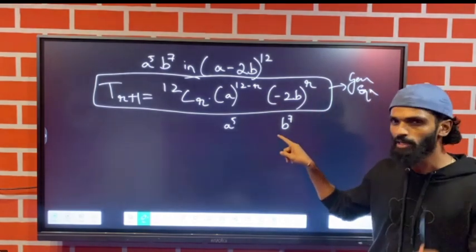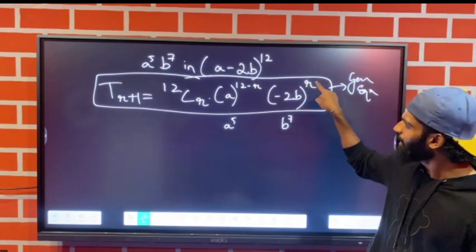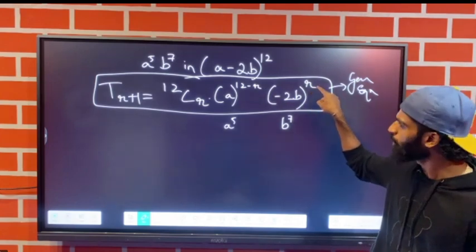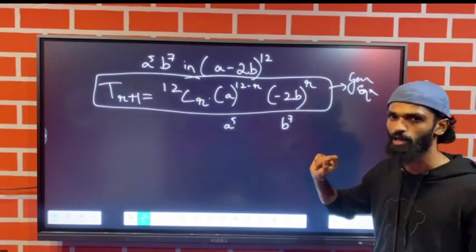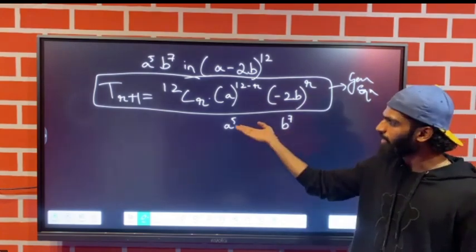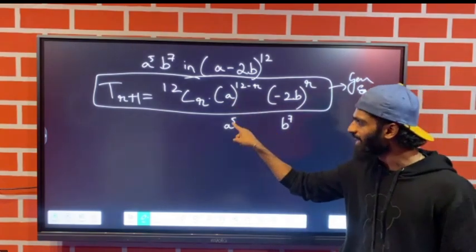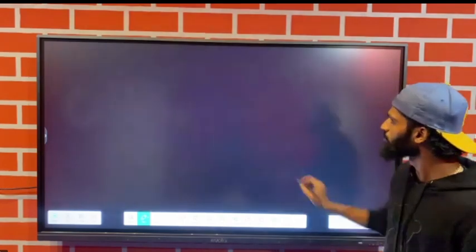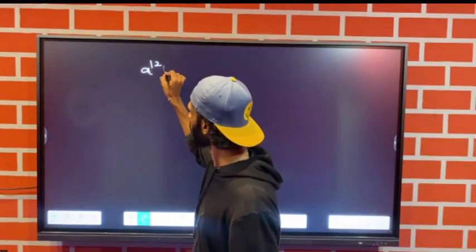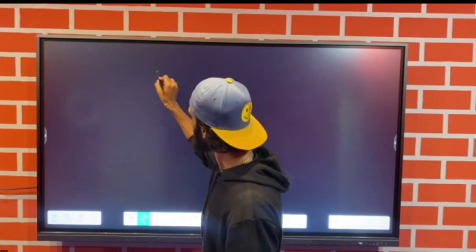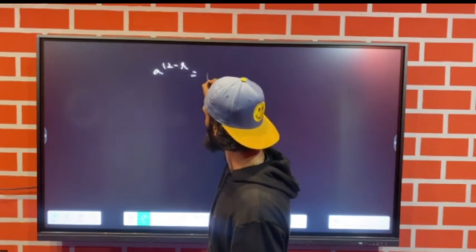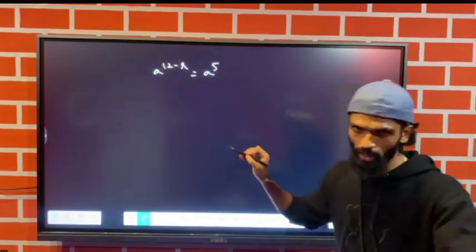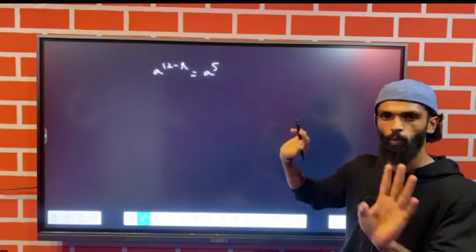If you tell me B, I will say no, because the power R belongs to both minus 2 and B. Not required. A is alone anyway, so I'll use this. A to the power 5 and A to the power 12 minus R are there. I'll equate both of them: A power 12 minus R is equal to A power 5. B also, if you get the same answer, I just stick to one.